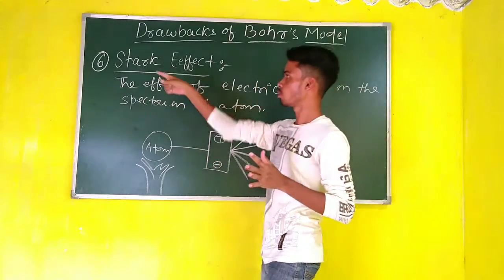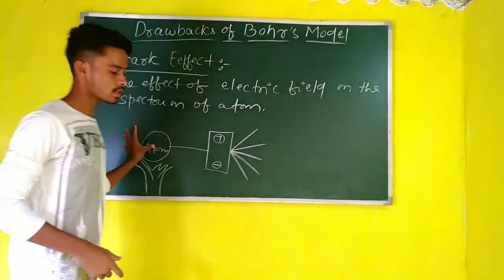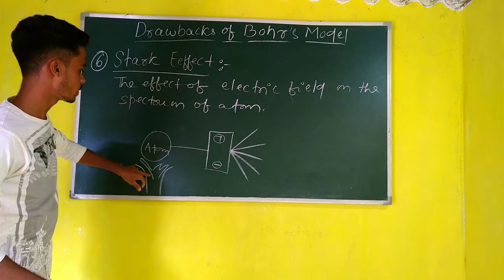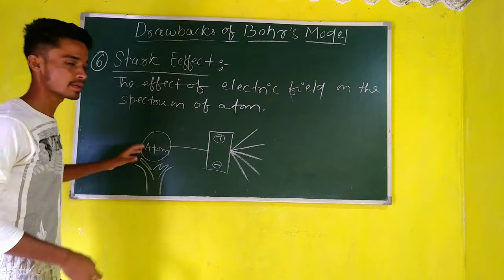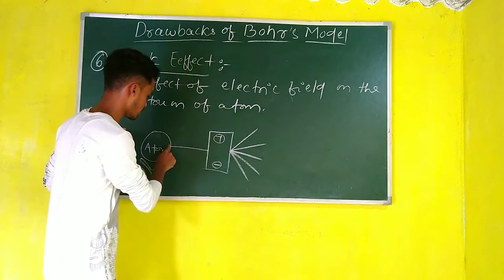Then students, what is the Stark effect? Students, suppose this is an atom. If we give some amount of heat to that atom, it emits many kinds of radiation. Suppose this is one radiation.